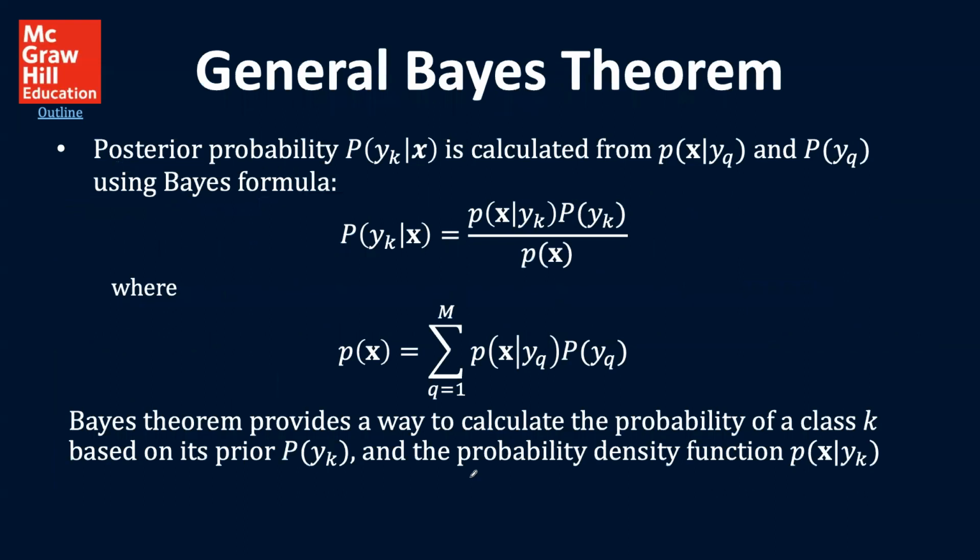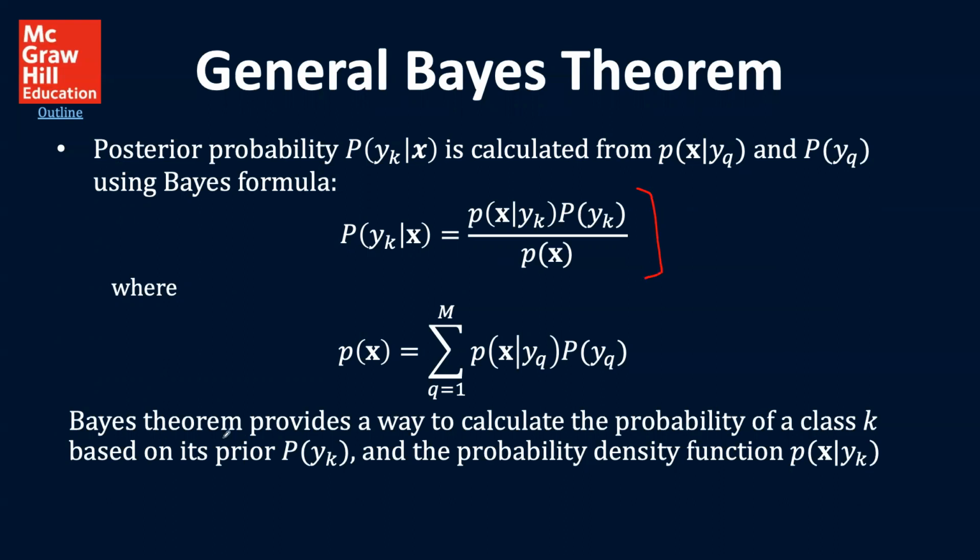Here we have some of the equations, the posterior probability. P of yk given x is calculated from P of x given yq and P of yq using Bayes formula. So here we're using Bayes formula to do this manipulation.